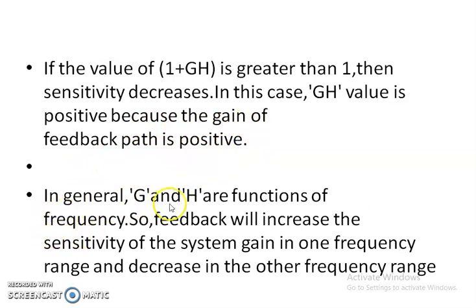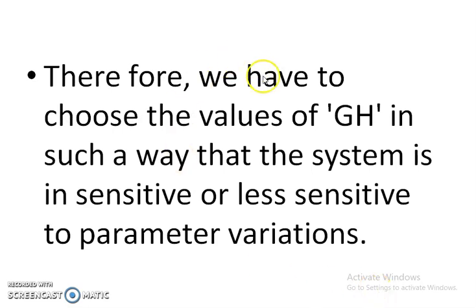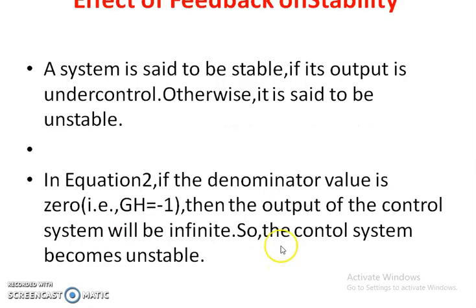In general, G and H are functions of frequencies. So the feedback will increase the sensitivity of the system gain in one frequency range and decrease it in the other frequency range. Therefore, we have to choose the value of GH in such a way that the system is sensitive and less sensitive to the parameter variations.